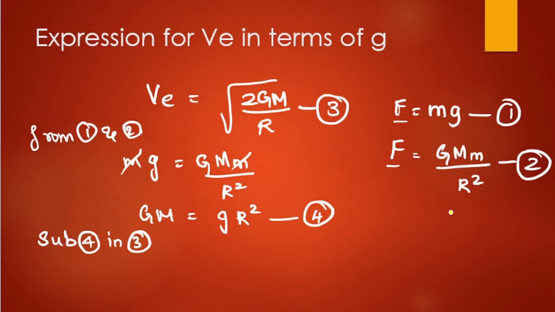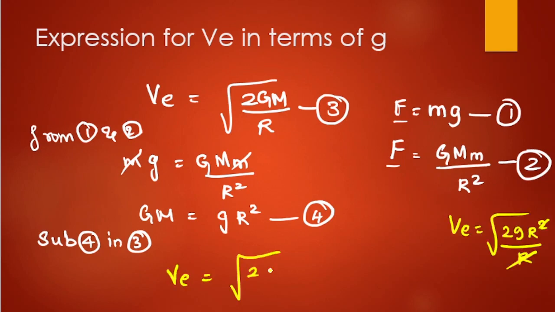So this r square and this r will be cancelled. So your VE will be equal to the square root of 2gr. In this way, we have expressed it in terms of acceleration due to gravity. Clear? Our escape velocity is expressed in terms of acceleration due to gravity.